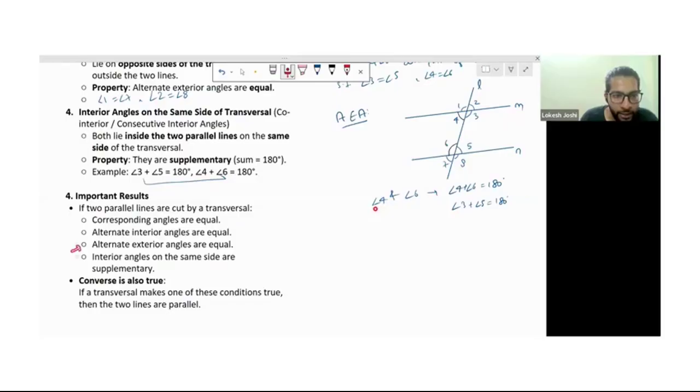Now alternate exterior angles are equal, which means angle 2 is equal to angle 7, angle 1 is equal to angle 8. Now interior angles on the same side are supplementary, which means angle 4 plus angle 6 is equal to 180 degree, angle 3 plus angle 5 is equal to 180 degree. So you have to revise all these concepts, because if we don't revise, then it will be confusing.